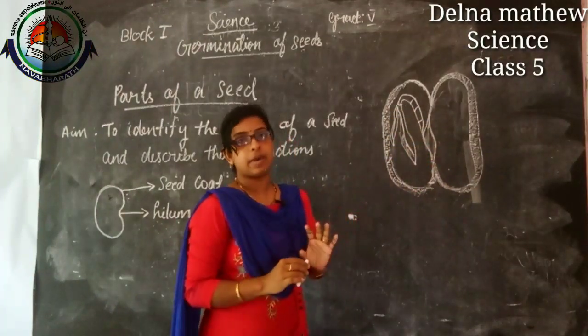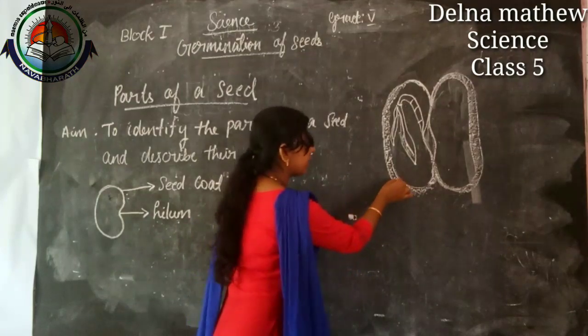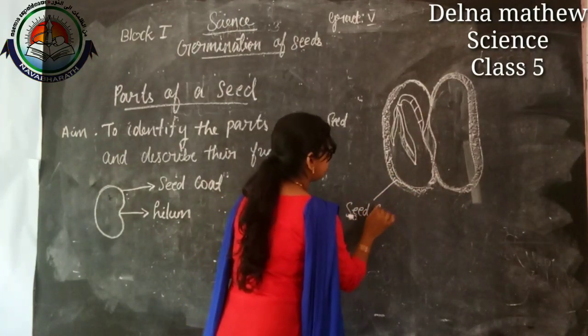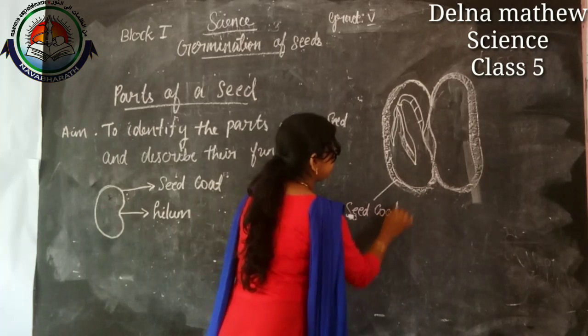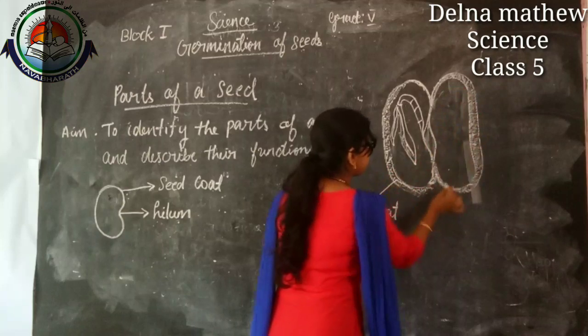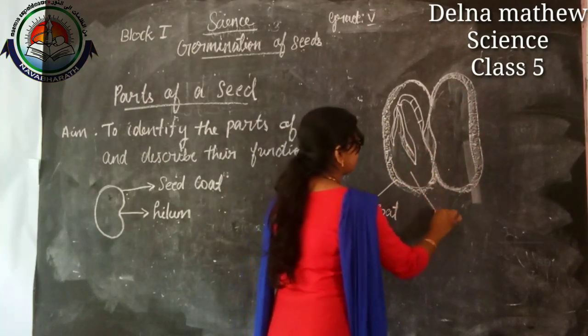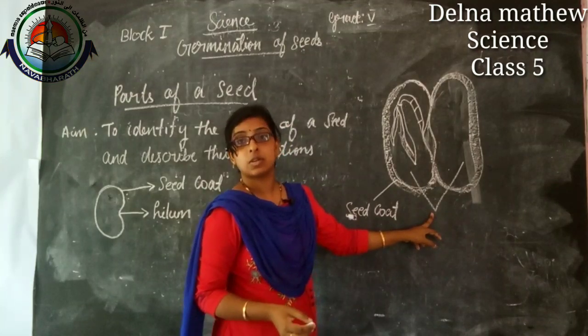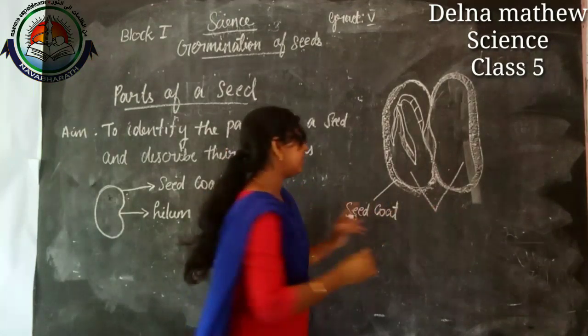And when we go to our inner part, here you can see one diagram. This is the inner part of a seed. Here also we can consider this as the seed coat, the outer part only. And this portion is considered as cotyledons, or seed leaves.